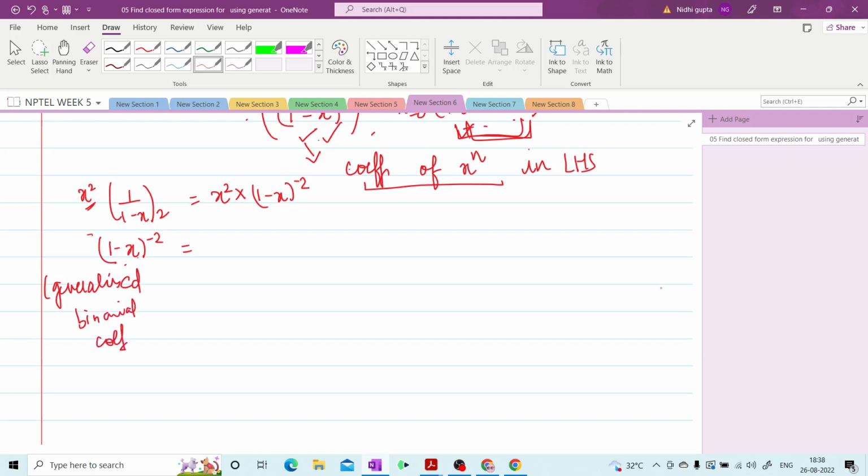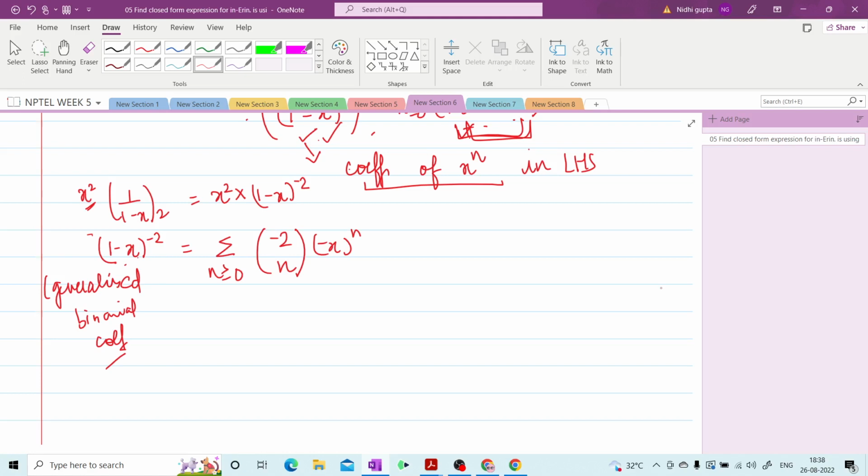Yes. And this is basically sigma n, minus 2 choose n, times (minus x) raised to the power n, right? Yeah. So that will be 2c1 x and then 3c2 x square, and like this it will go.